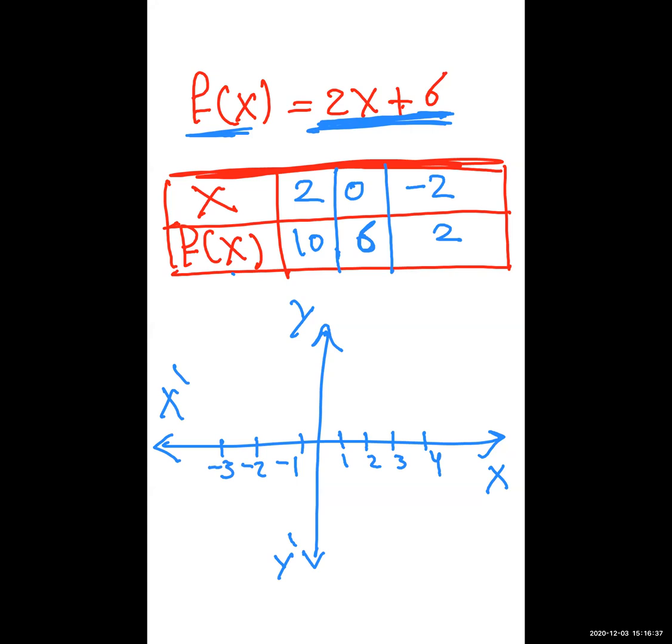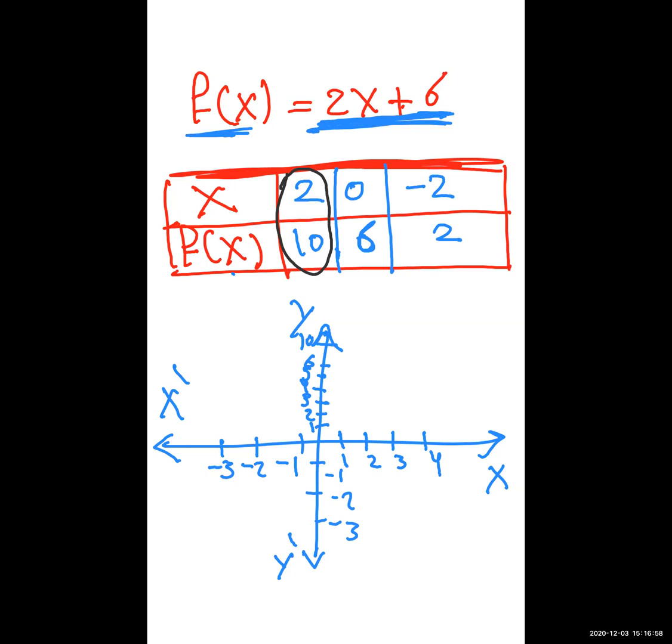F of x, 10. So 1, 2, 3, 4, 5, 6 till 10. Then negative 1, negative 2, negative 3. The first point, guys, here is 2 and 10.